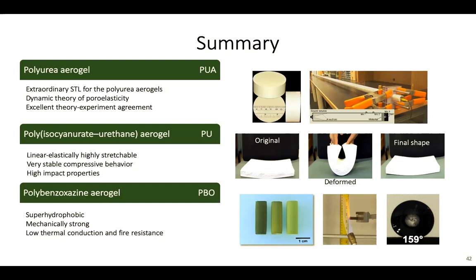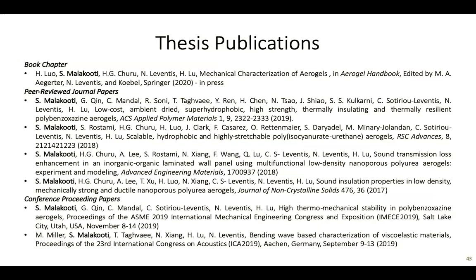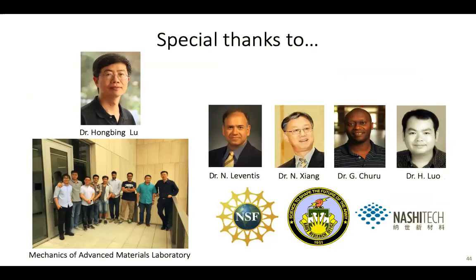And at the end, I showed polybenzoxazine aerogel as an alternative to other high-performance polymers. That polymer is very expensive, but this aerogel is relatively cheap and a good candidate for thermal insulation and fire resistance applications. These are the thesis publications out of these works.